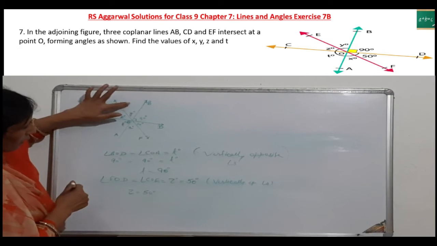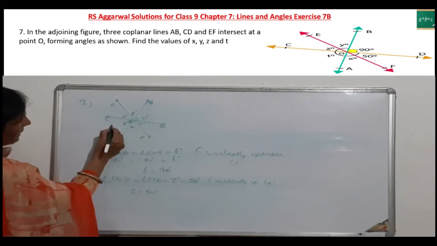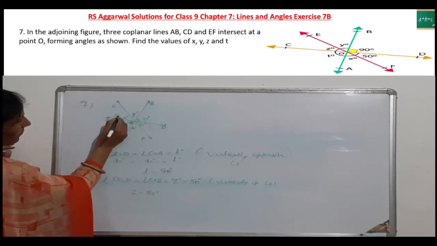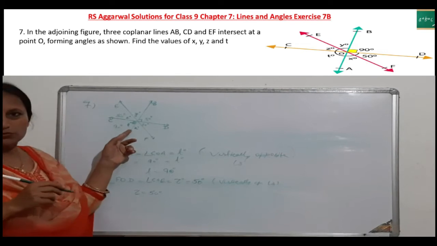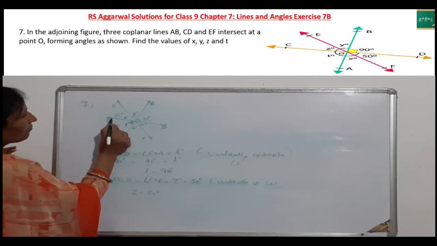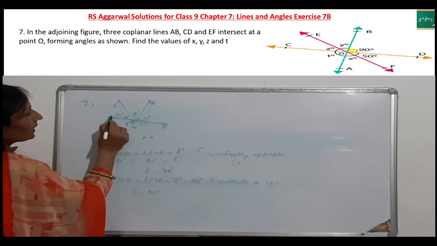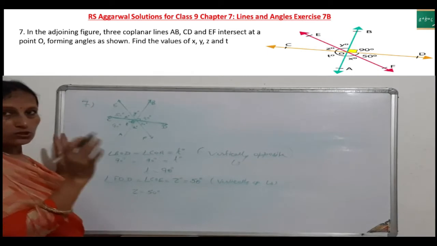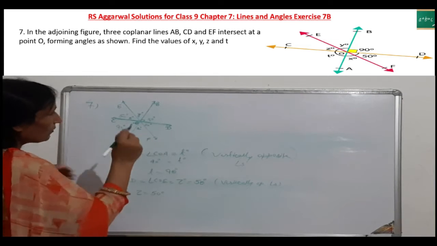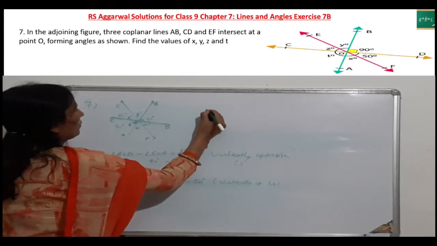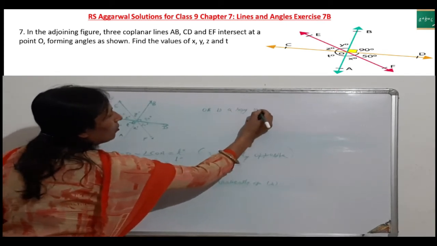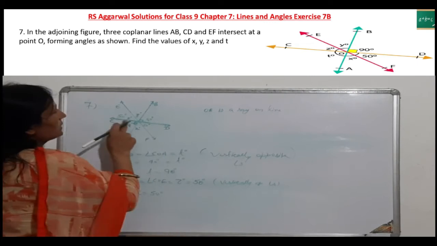Now this is t. t is 90 degrees and this is z. z is 50 degrees. Now two angles are remaining, this x degrees and y degrees, which we have to find out. So if we assume OC and OD are two opposite rays and on this there is one ray, OB, we can write OB is a ray on line COD.